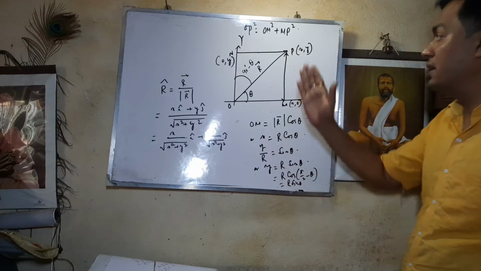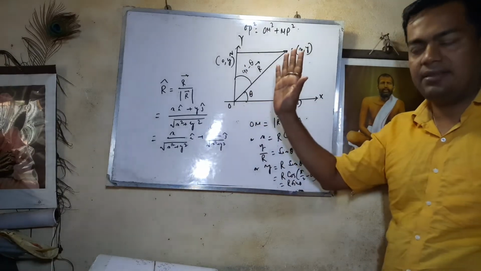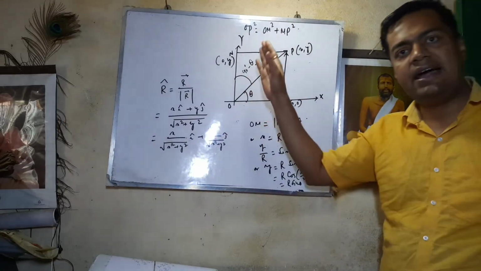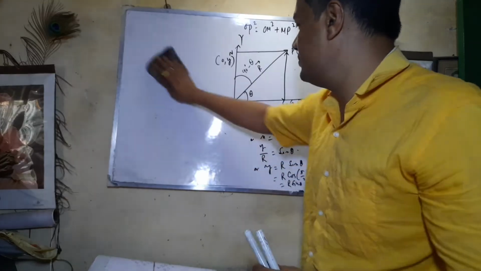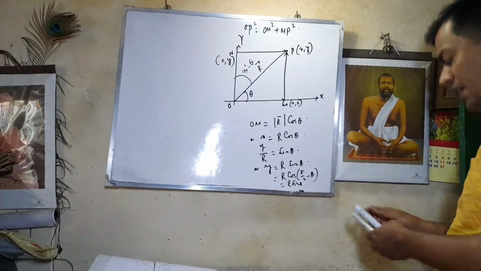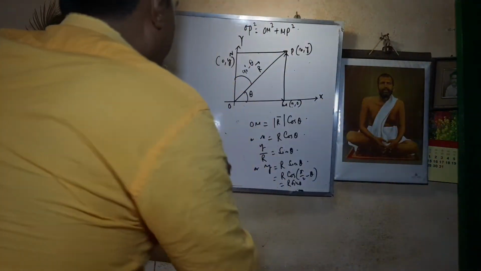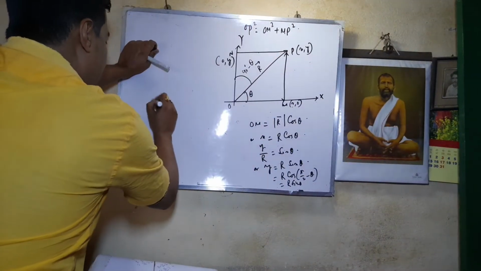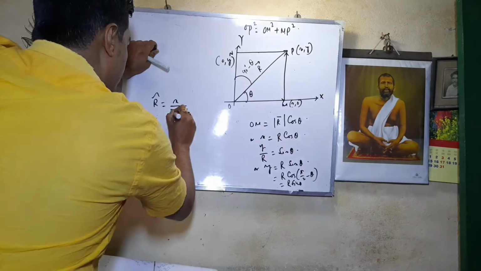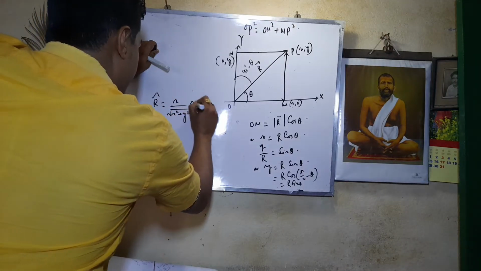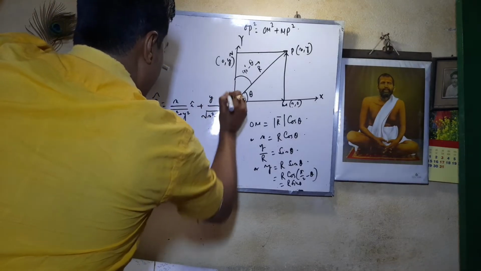So the two perpendicular components of the vector r along x and y axis are respectively r cos theta and r sin theta. Therefore, the unit vector along the vector r, r cap, may also be written as x by root over x square plus y square i cap plus y by root over x square plus y square j cap.